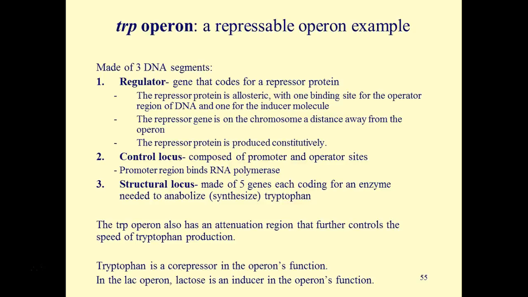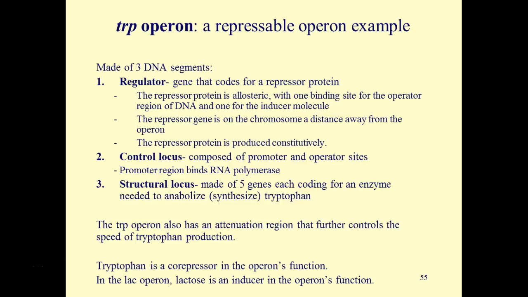There's a control locus. The control locus is composed of the promoter and the operator sites, and the promoter region binds RNA polymerase. Then there's the structural locus, and in the trp operon, there are 5 genes. These 5 genes are each going to code for an enzyme that is needed to anabolize or synthesize tryptophan. That's why it's called the TRP, or the trp operon.